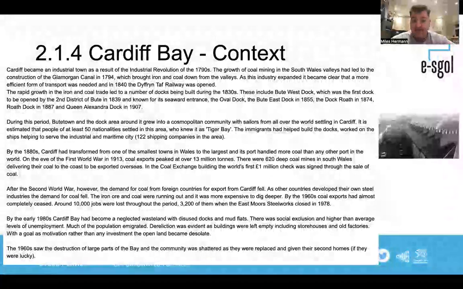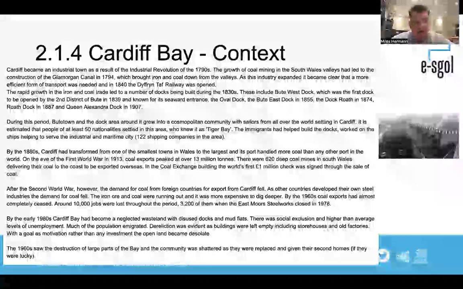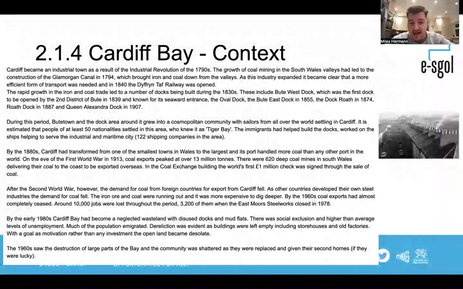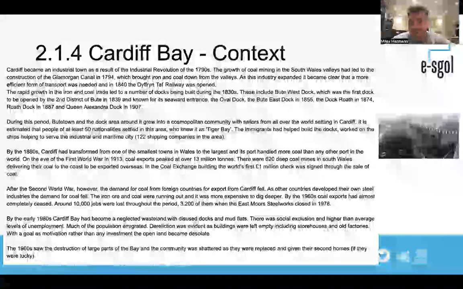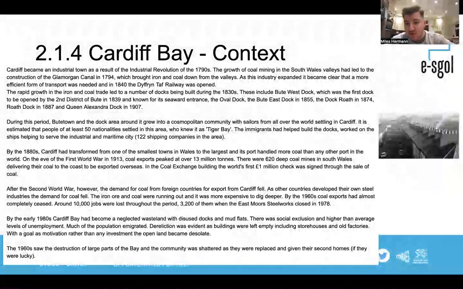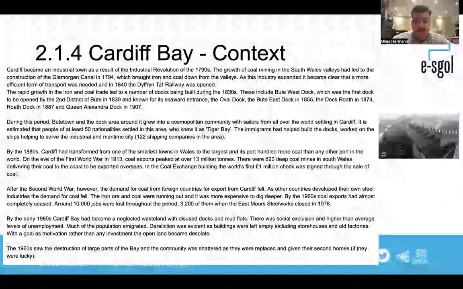Dereliction was evident, buildings were left empty, and the goal then was to reinvest in the area. The 60s saw large parts of the bay and the community shattered and replaced, and some were given second homes if they were lucky in other places.